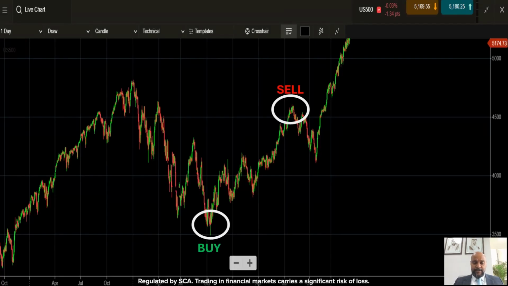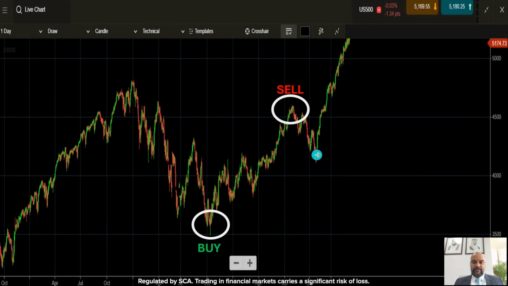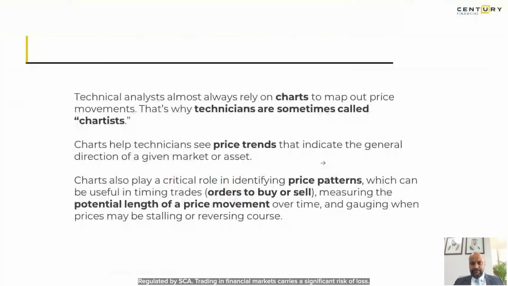Again, this is just an example for you all to see over here. In this case, let's say there are technical tools that have helped us identify that the price could give a bigger drop here. You could probably exit your positions and look at re-entering when the prices drop back down.